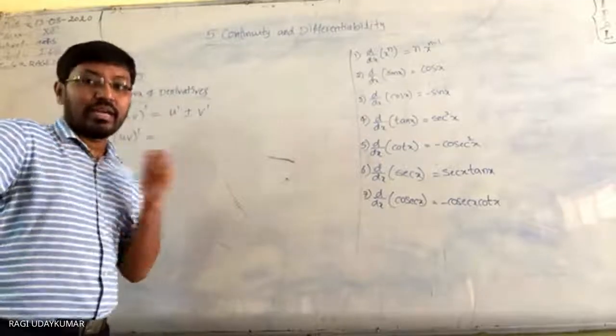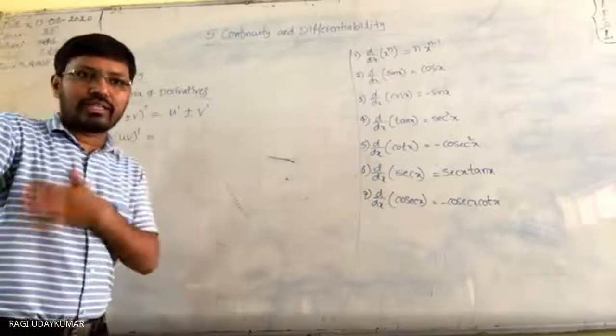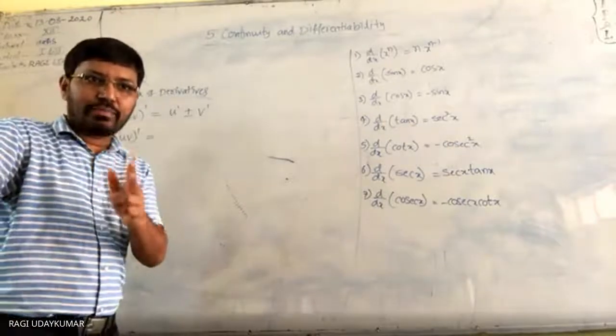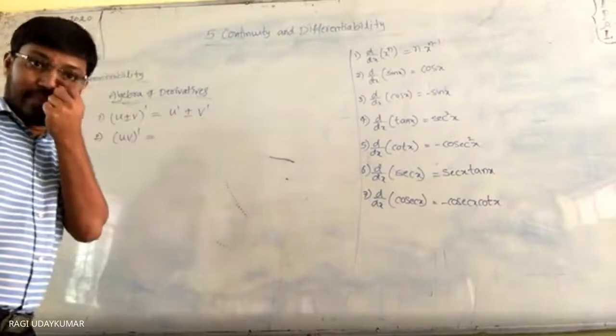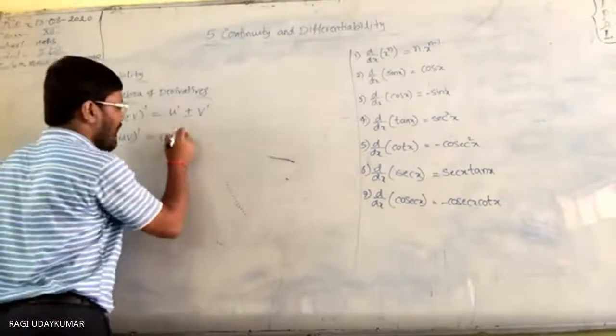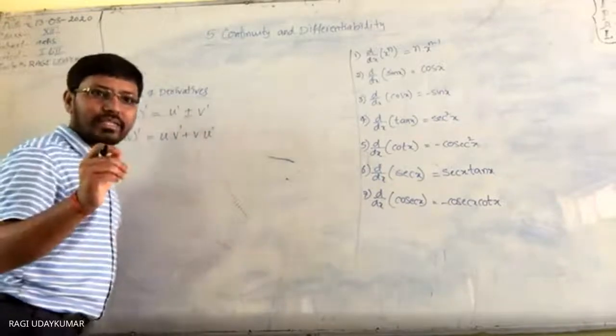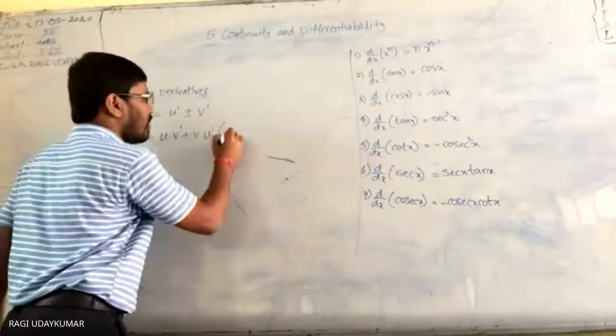Here u is one function and v is another function. Their product's derivative will be equal to u into v dash plus v into u dash. What do we call this one?